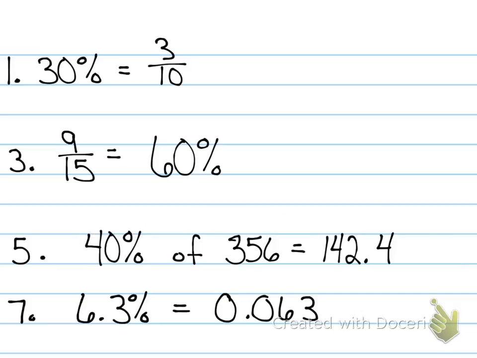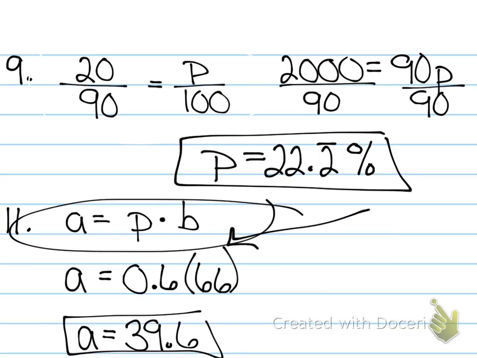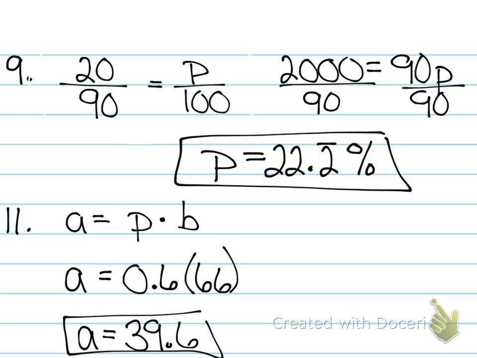Well, the mistake that you made there is I want to see that you are solving for a variable and that you know which variable you're solving for. So sadly, on these problems, if you didn't show me the A equals, even if you got the right answer, you didn't get credit. Because you did not use one of the percent formulas, either the proportion or the percent equation. So that's not fair.